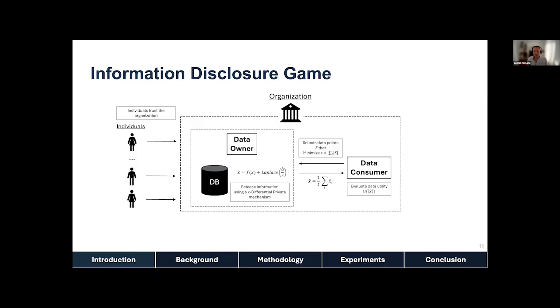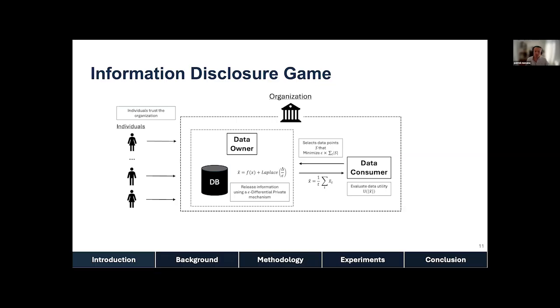So one thing that we realized that sometimes confused people when I presented this work is that the data owner is not the individuals. It's really one agent that has all the data, but his goal is not to maximize utility.